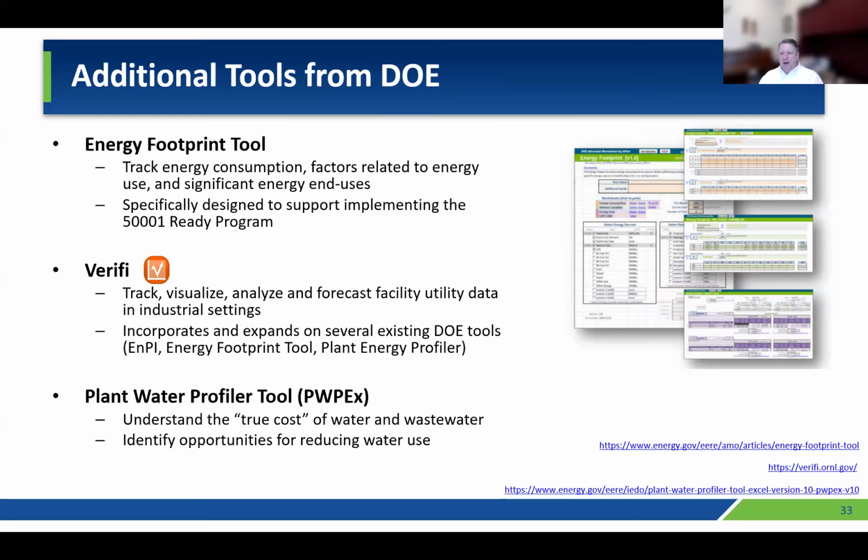That tool is about to be replaced by another software known as Verify, which does everything that the Footprint tool does, plus it will help you do regression analysis to understand how much of your energy use is based off of your production levels, how much is due to weather fluctuations, and how much is your base load, which will help you identify more precisely opportunities to reduce your energy usage.